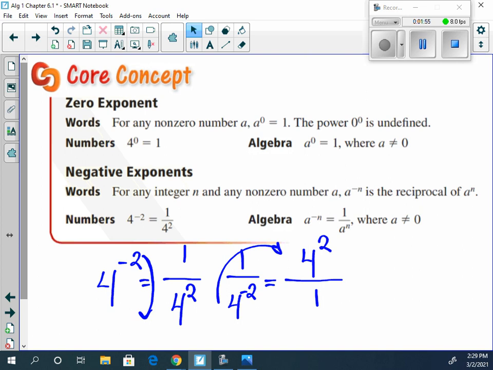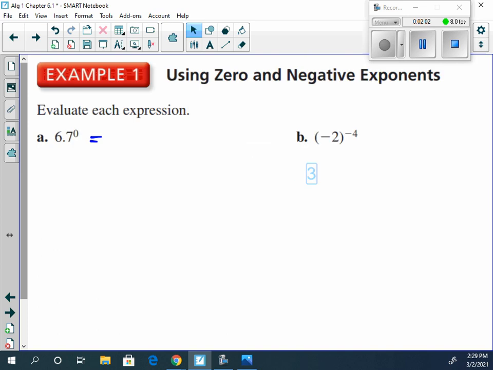For any non-zero number, a to the 0 is 1. Anything to the 0 power is 1. Yep, 6.7 to the 0 power is 1. Anything to the 0 power is 1, except for 0. 0 to the 0 is undefined.